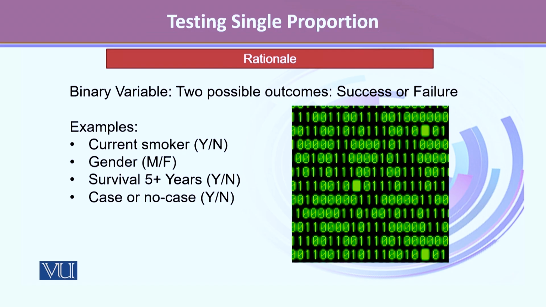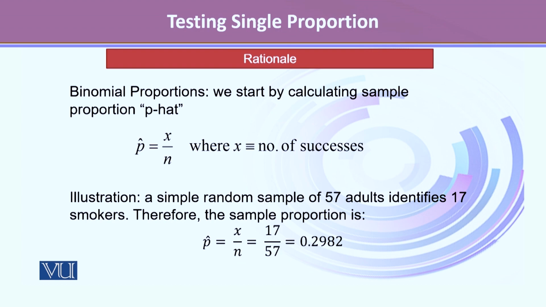Some examples include whether a person is a current smoker, with the response yes or no; gender, where we can look at the binary categories male or female; or survival 5+ years, where a person survived more than 5 years, yes or no; or case or no case, yes or no. This kind of scenario where we have two possible outcomes, we call such variables binary variables.